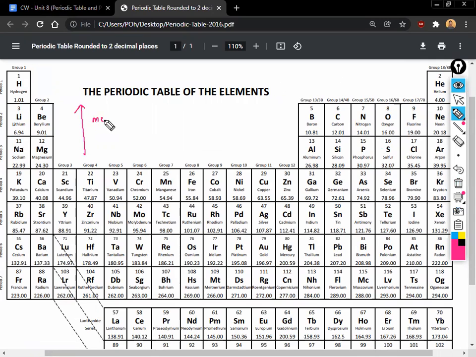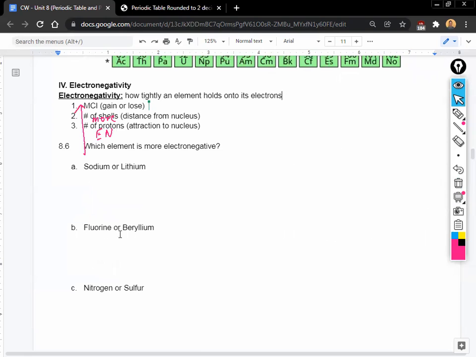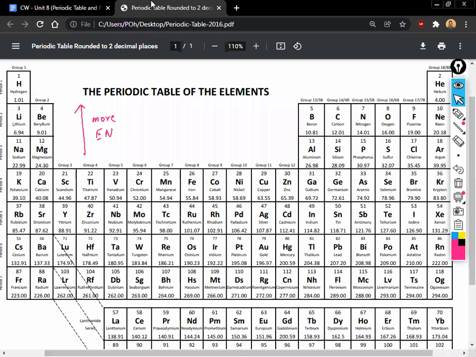More electronegative. Then for the previous problem, which one is more electronegative, fluorine or beryllium? Fluorine. So as we go to the right, does it get more or less electronegative? More. So that's going to be your pattern that you guys can use to do it quickly.